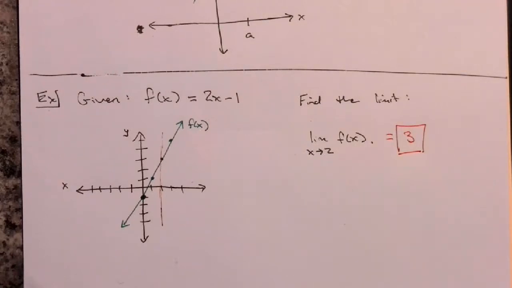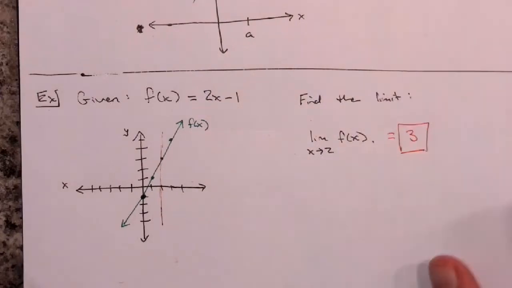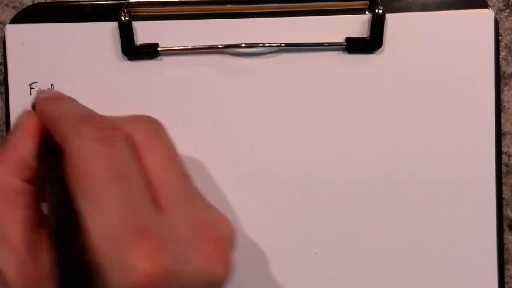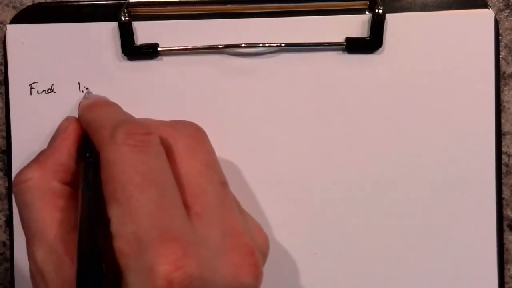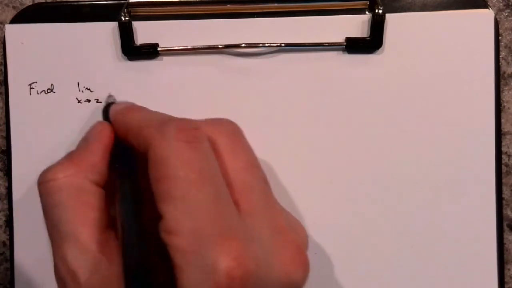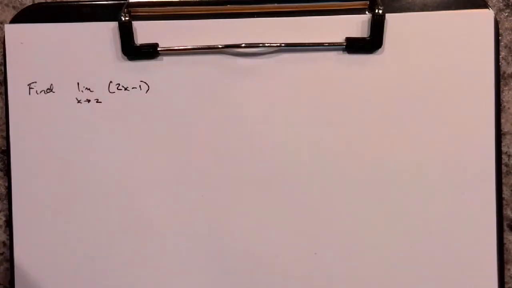So if I was looking at this numerically, I think I'll do it on the next page. I have a little space to work with. I would say we're going to find the limit as x approaches 2 of the function, which is really 2x minus 1. I'll write it like that. Right? That's still f of x.